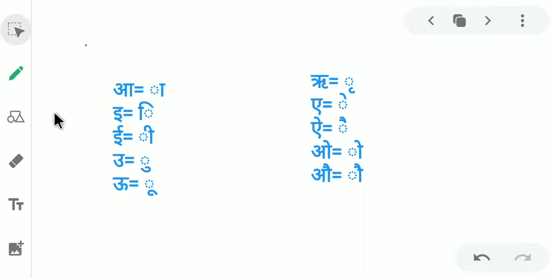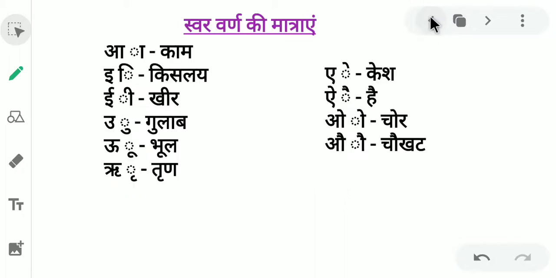So we have seen the signs of A, a small e, big E, a small oo, big oo, re, a, I, o, ow. Now in this lecture I'm going to pronounce some signs. Like suppose that this is a word called calm. So whenever we see the sign like this, we pronounce it like calm.